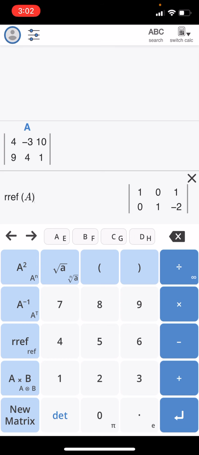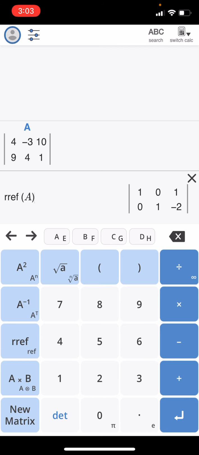The fact that on the left we have a 1, 0 and a 0, 1 as the first two elements of those rows is what makes it reduced row echelon form. So if I go backwards from how I created my matrix A and I try to write an equation here, my first column is an x column, my second column a y column, and then my constant column.